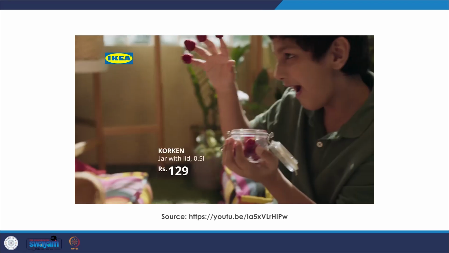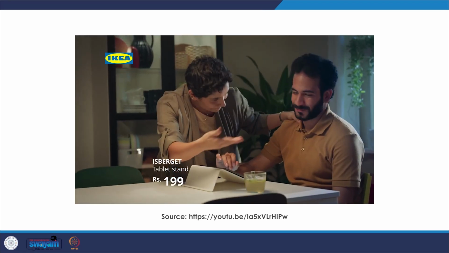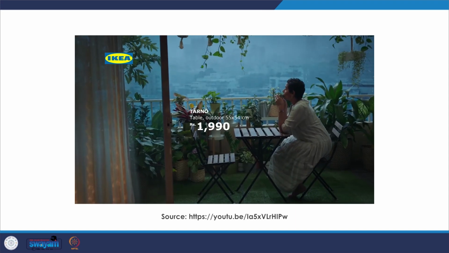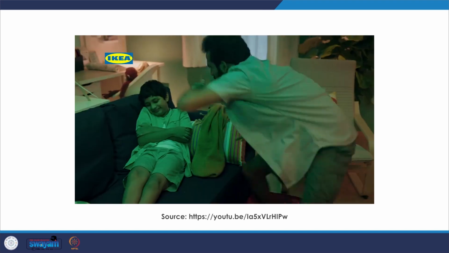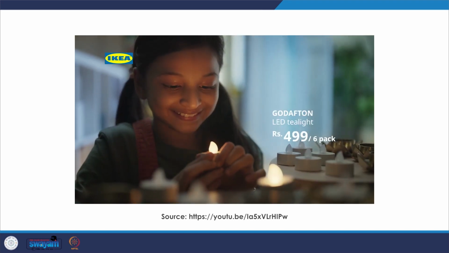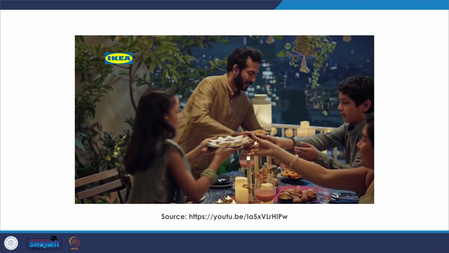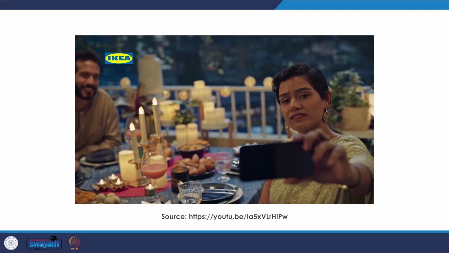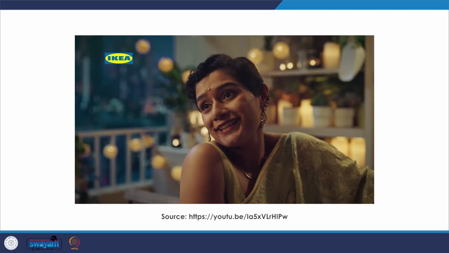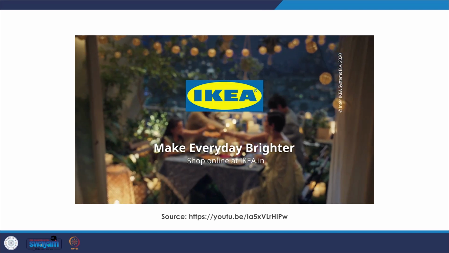And if there's one place where we could be, where we could write a new story. When it comes to change, home is where it all begins. IKEA, make every day brighter.